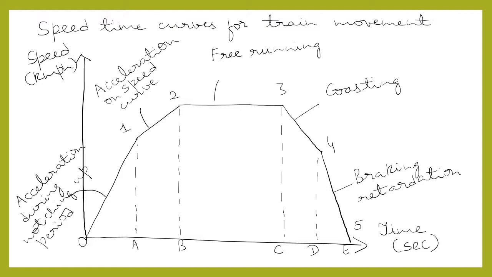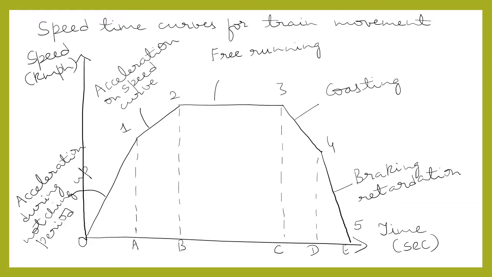Next time duration is AB, that is the acceleration on the speed curve, the curve from 1 to 2. After the starting operation of the motors is over, the train will continue to accelerate along the curve from 1 to 2.